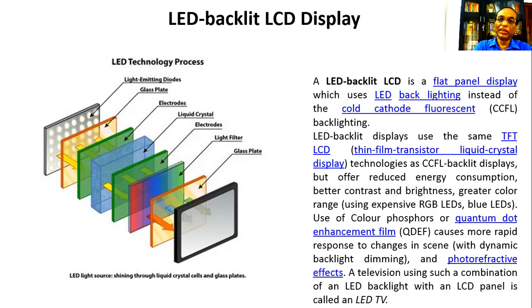So LED backlit LCD display, what is it? There as usual is the liquid crystal in it, and both sides there will be the electrode for supplying the signal and changing the orientation of the liquid crystal, and then there is the filter on both sides.